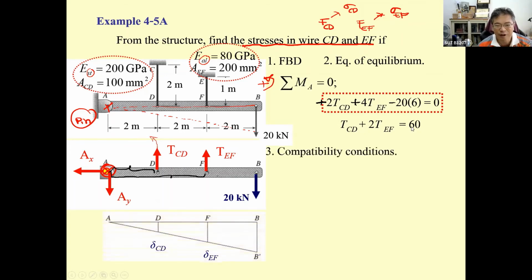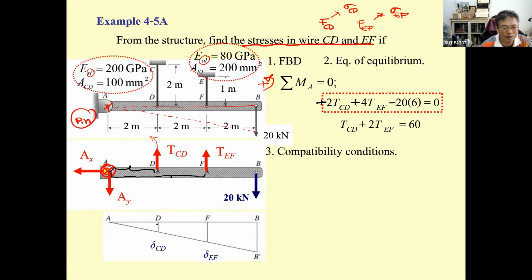Then the compatibility condition that we like to have. These are two unknowns, and only one equation is not enough. We got to have one more equation. As I show you, the deformation of the beam will change from the horizontal line to the inclined line.